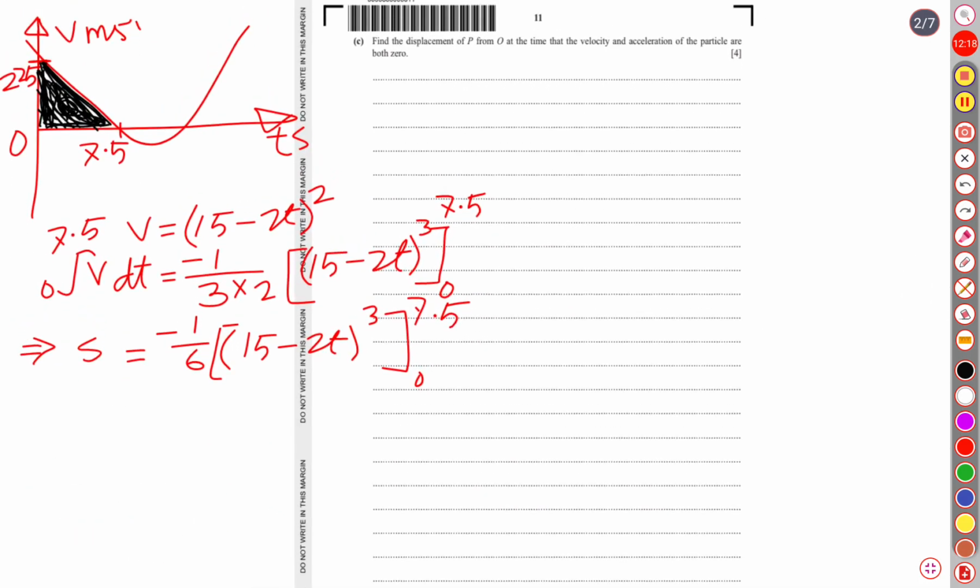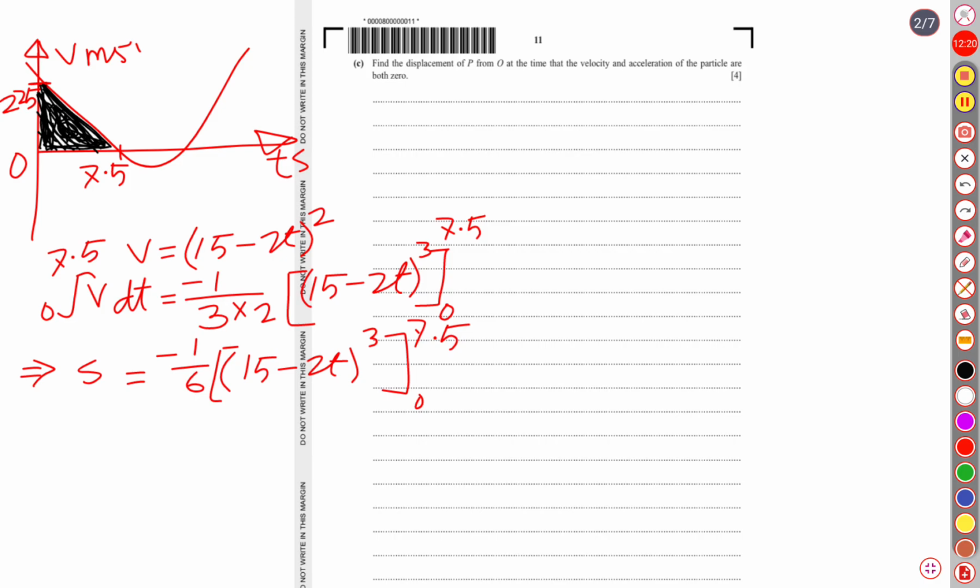Then s is equal to negative 1 over 6, and when t is equal to 7.5, 15 minus 15 is 0.